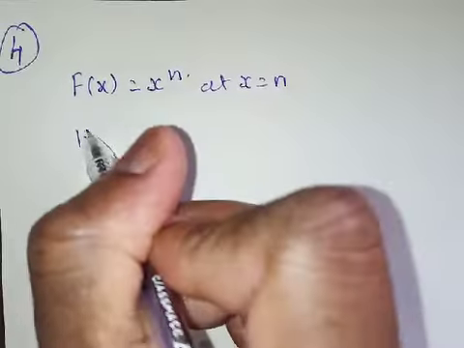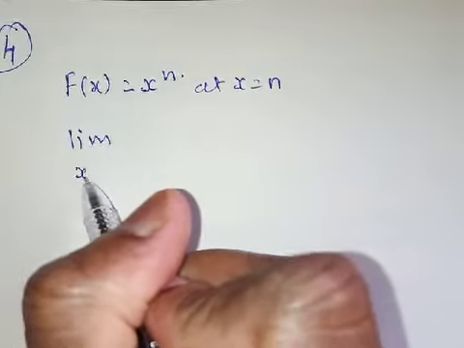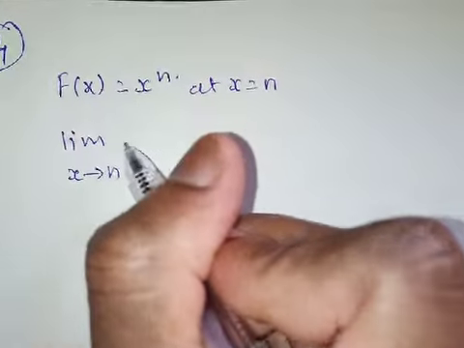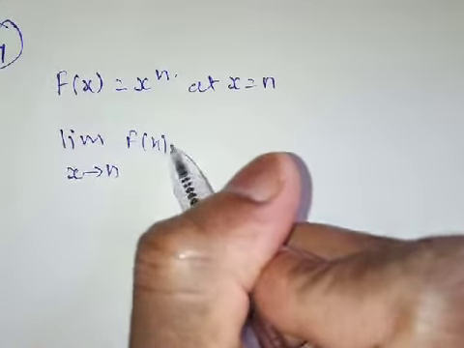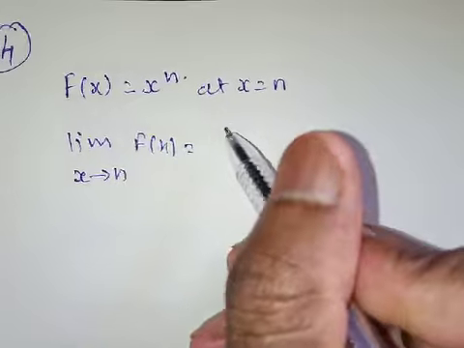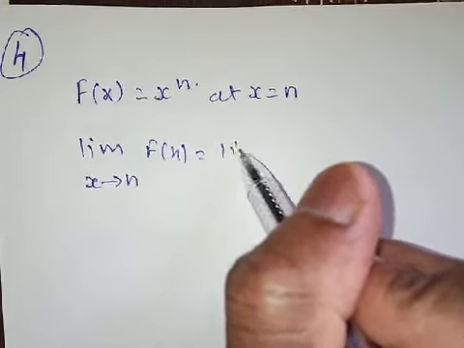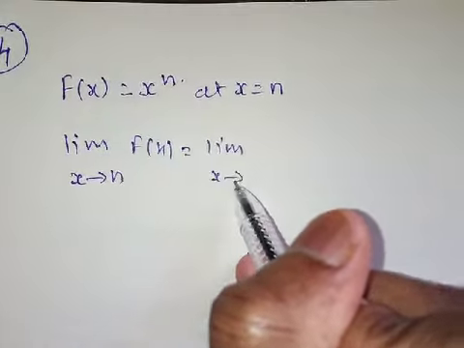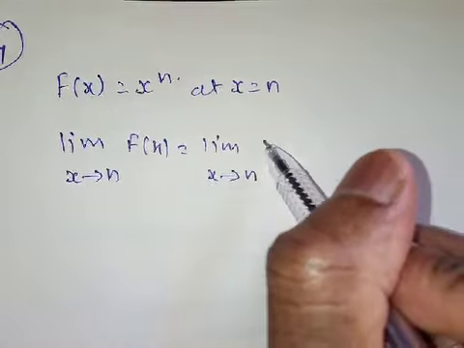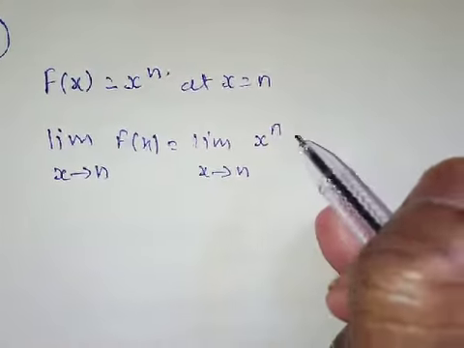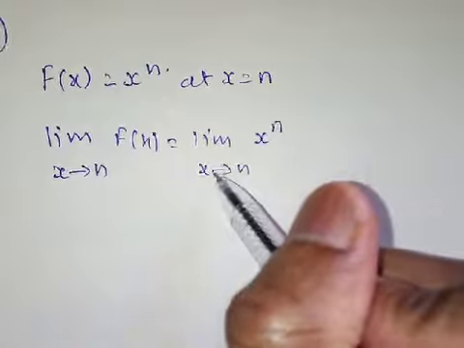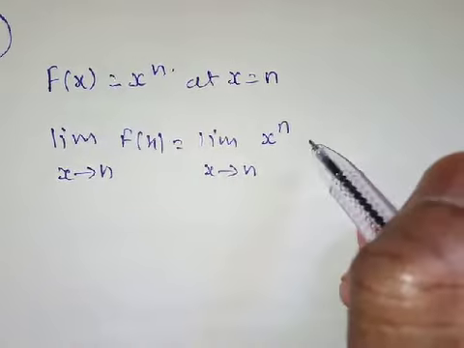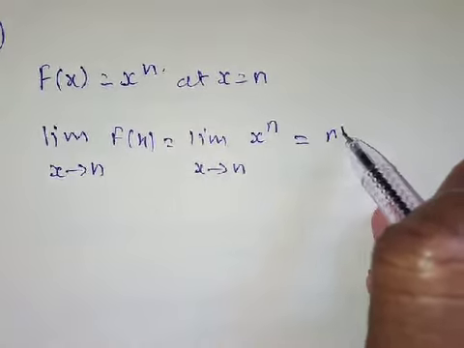Yesterday we learned limit. According to that, limit x tends to n of f(x) is equal to limit x tends to n of x raised to n. If you substitute the value of x as n, you will get n raised to n.